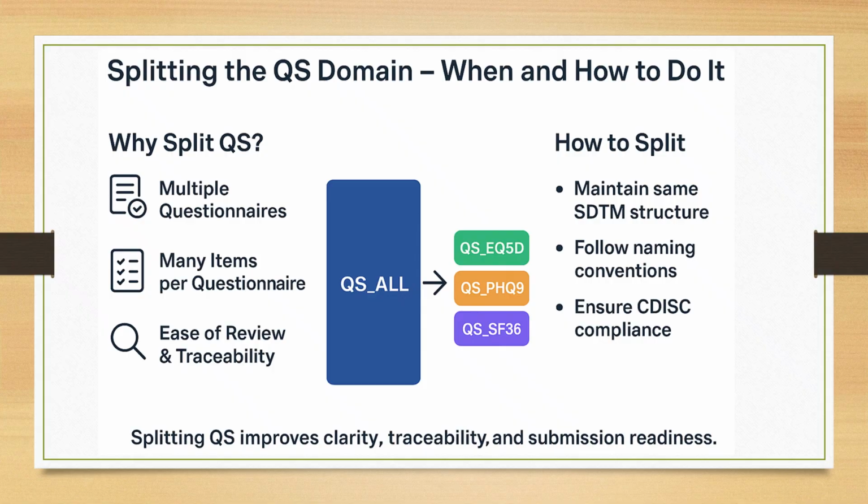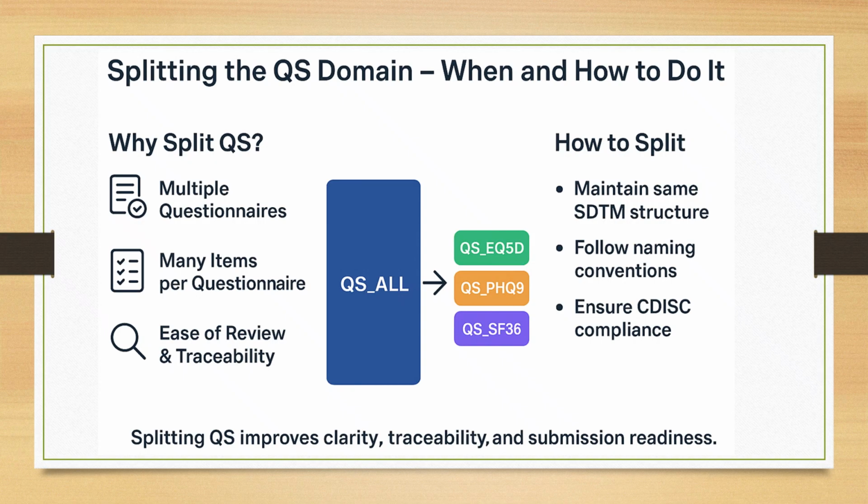If one questionnaire still exceeds 5 GB, you can further split it by study phase or visit range. For example, if the SF36 questionnaire dataset is still more than 5 GB, then we can create further datasets from this questionnaire data based on the period, say period P1 and P2.